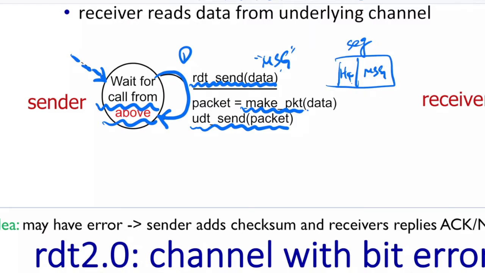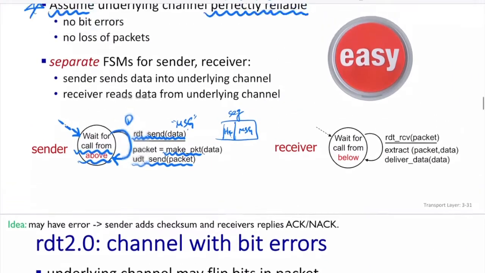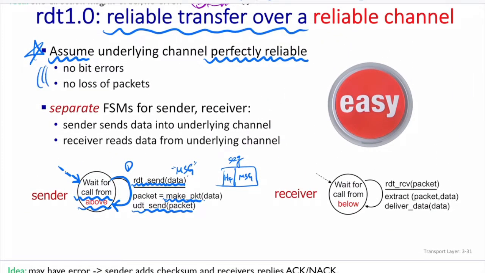That's very simple. The reason it is very simple is that the underlying channel is perfectly reliable. So there will be no loss and no packet errors. Every time you receive a message, you simply pack it into a segment and send it to the underlying layer 3.